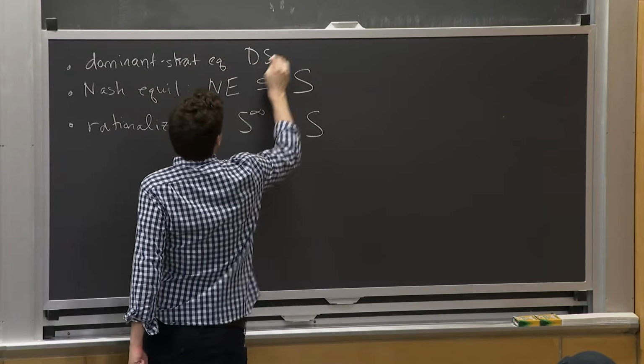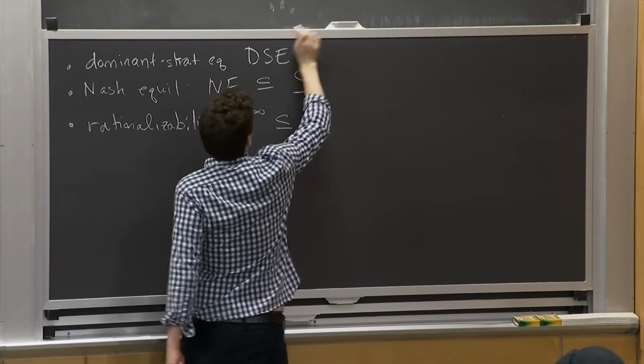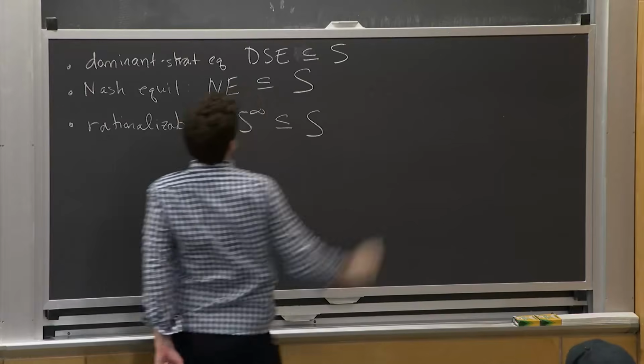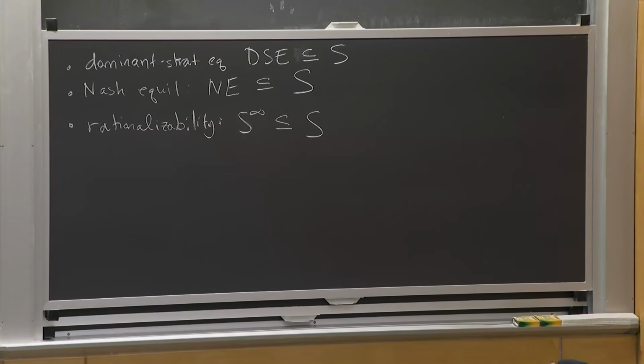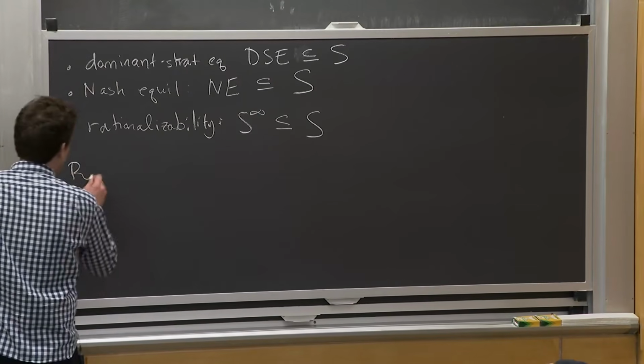We'll call that DSE, and that's also a subset of S. Remember, a dominant strategy equilibrium, from the dominance lecture, was a strategy profile where each player's strategy is a weakly dominant strategy. That was the definition.